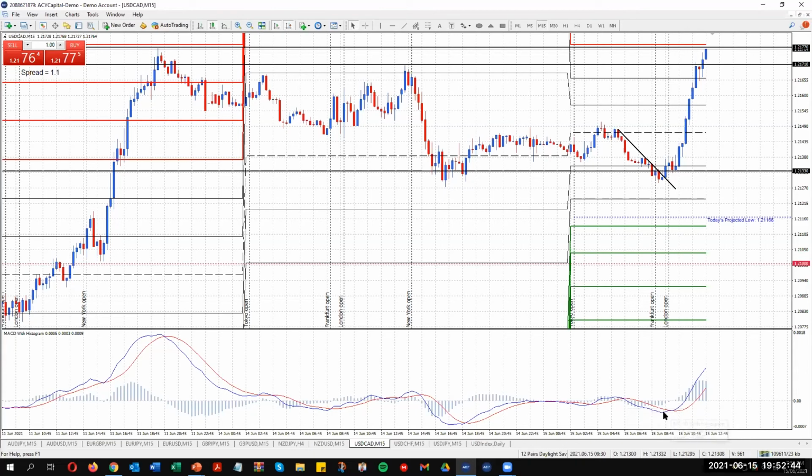So the first blue bar comes in just there, so it's that candle just here. And that closed 3 to 5 pips above that trend line break. You get your MACD cross on the close of that candle just there. I'll just highlight that with a line just there.